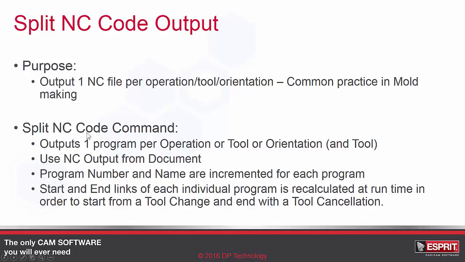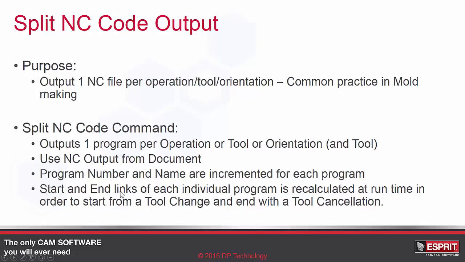So within the split NC code command, like I said, it'll output one program per operation or tool or orientation. It'll automatically use the NC output set in the document. It'll also include a program number and name, which are incremented for each program so that the previous program is not overwritten.